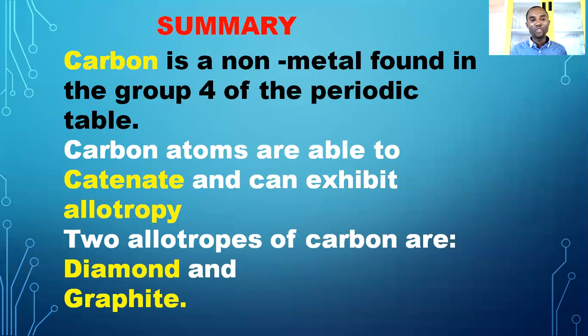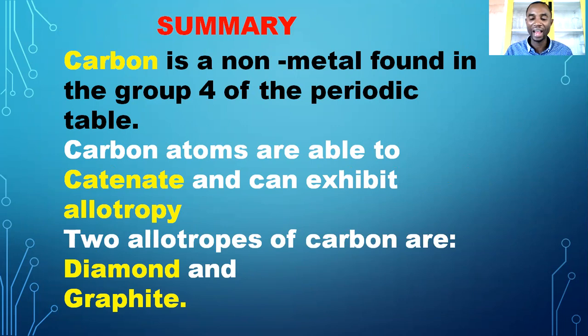In summary, we say that carbon is a non-metal found in group 4 of the periodic table. That carbon atoms are able to catenate and can exhibit allotropes. The two allotropes of carbon, we said it before, are diamond and graphite.